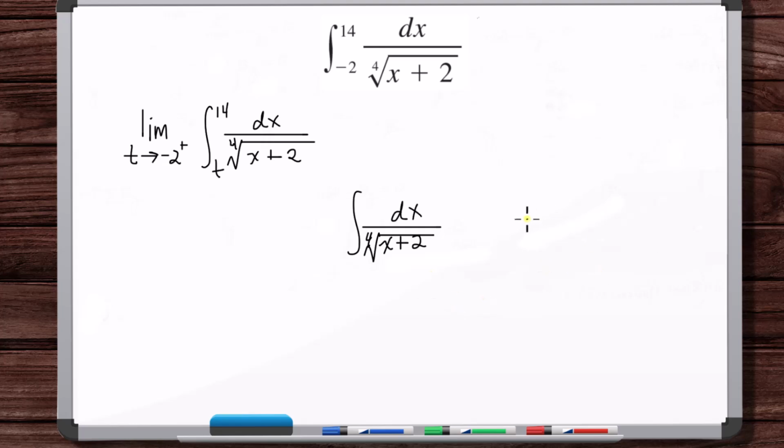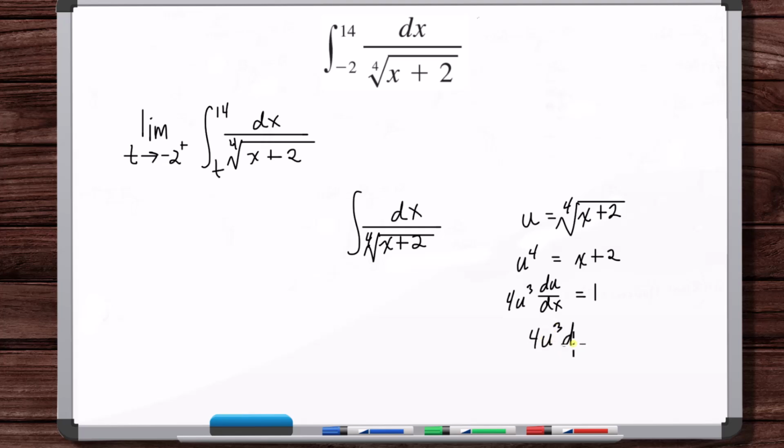So we've got this radical here. Let's go ahead and substitute for the entire radical. So u to the fourth is equal to x plus 2, 4u cubed du is equal to dx.